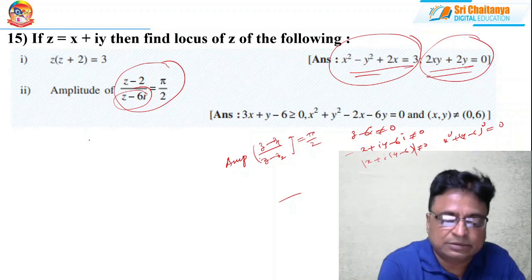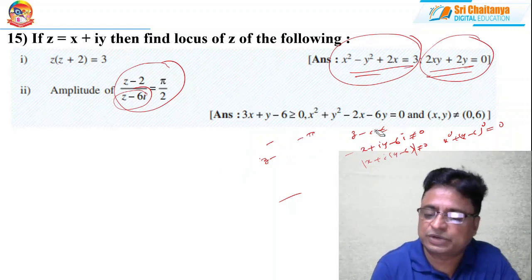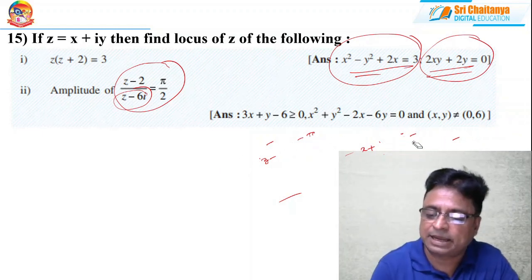Now, how can I write the argument of this on paper? I can write like this.